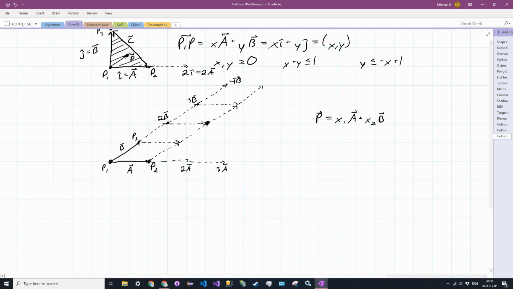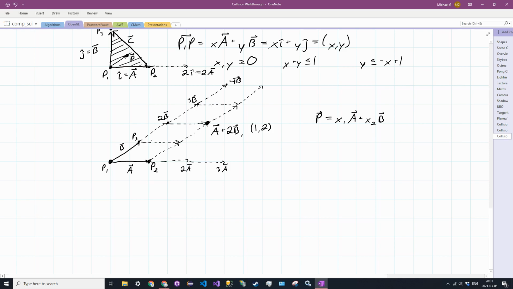This is one multiple of a, plus two multiples of b. So in this coordinate system, that would be 1, 2, because the linear combination is made of 1 of a and 2 of b. But once again, the same rules will still apply.